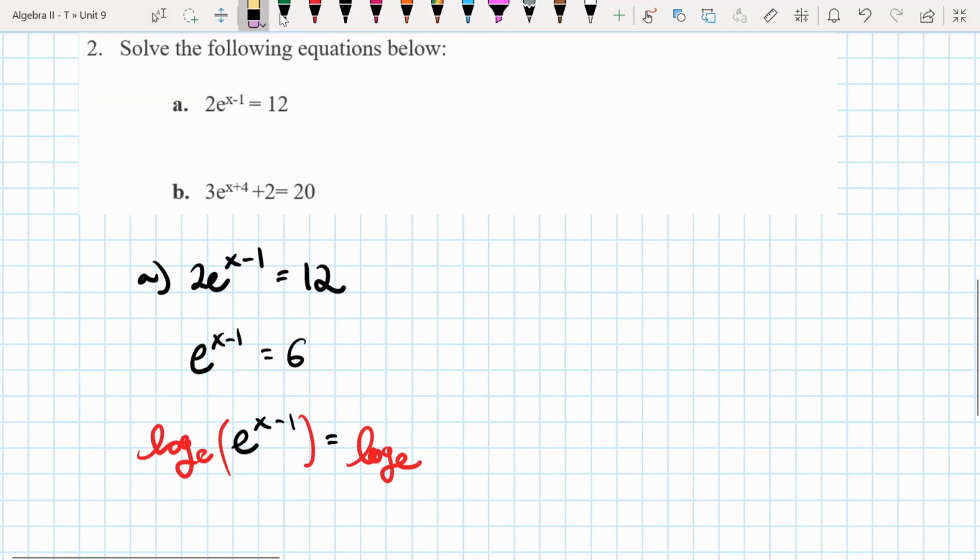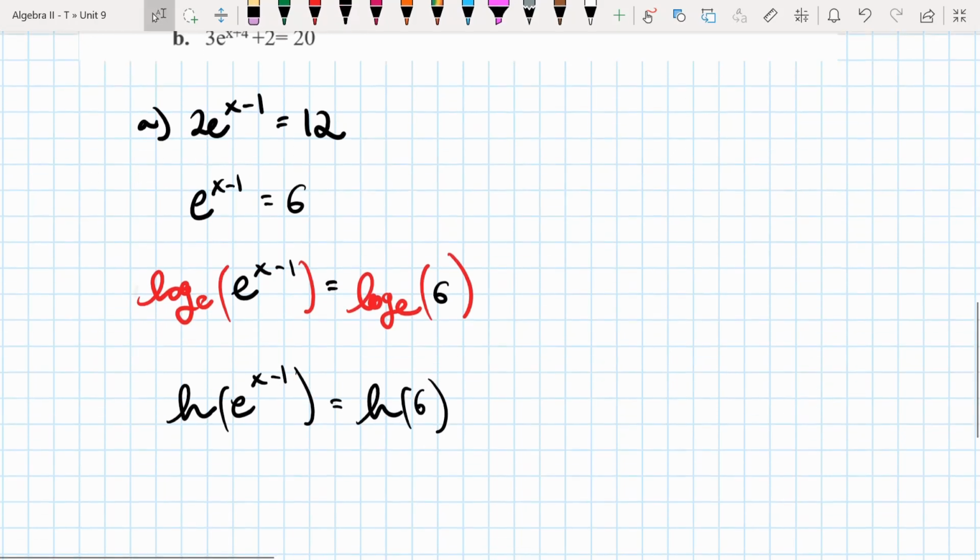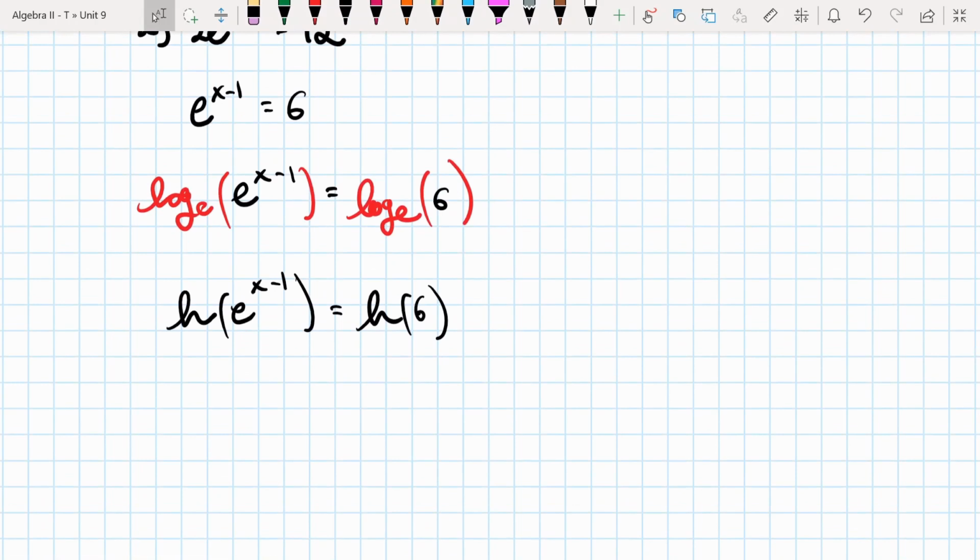But instead of using log base e, we have a special name for this logarithm, and this is called the natural log. So we're going to write it like this. The natural log of e to the x minus 1 is equal to the natural log of 6. Okay. Because the base of the natural log is Euler's number, and the base of the exponent is also Euler's number, these functions will cancel each other out.